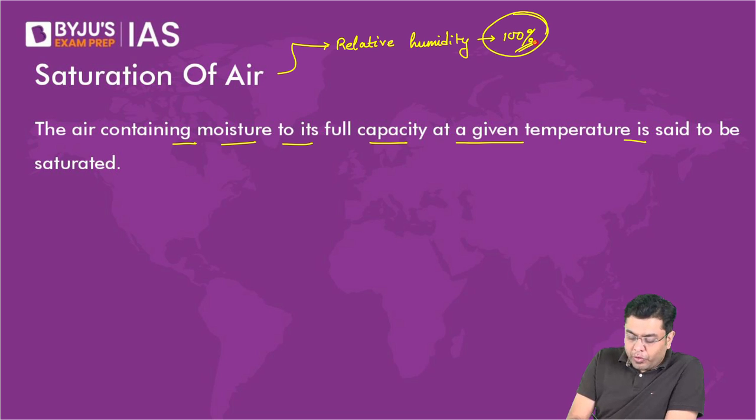Now, let's suppose you have an air parcel with a relative humidity of 85%.